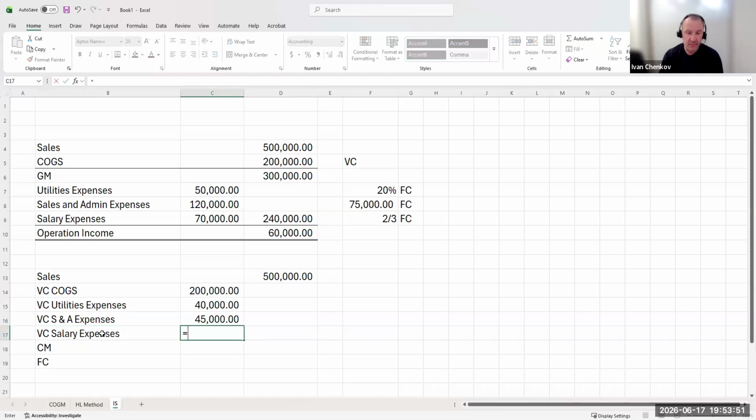That's going to be equal to 2/3 fixed cost, so 1/3 of salary expenses is variable cost. I'm going to change this number. Sorry, I didn't think about it. So let's change this one to 60.